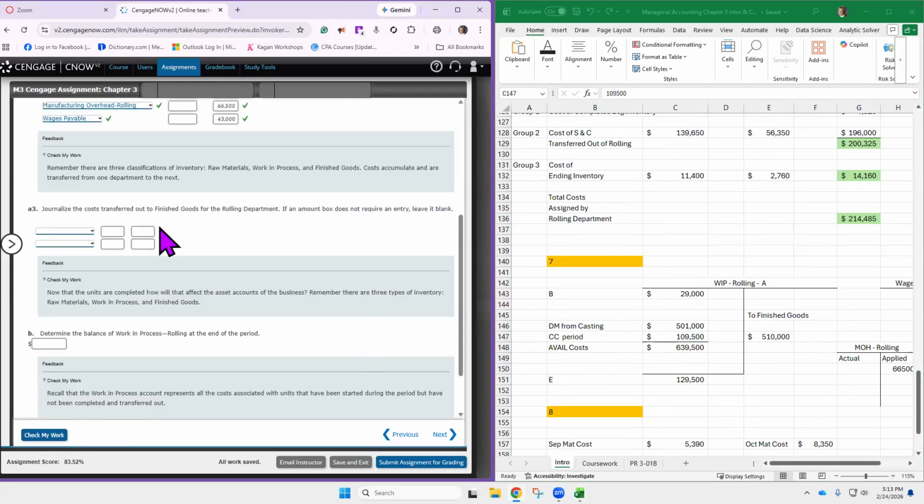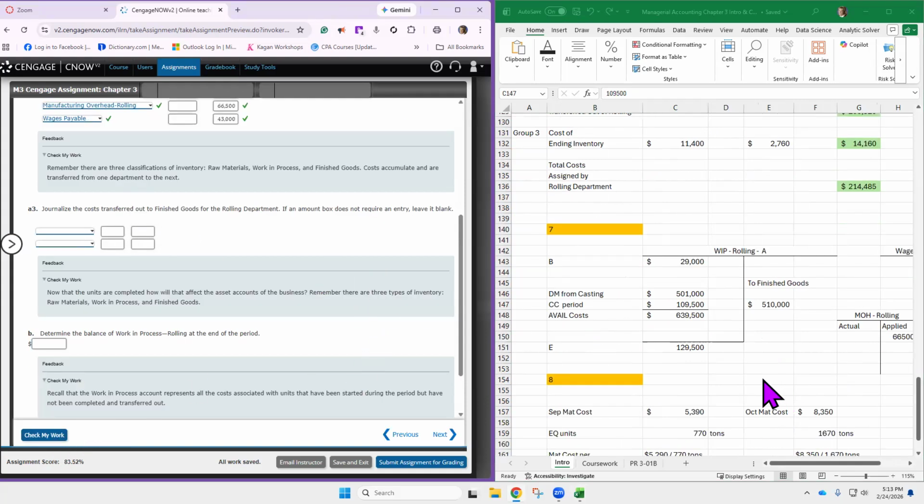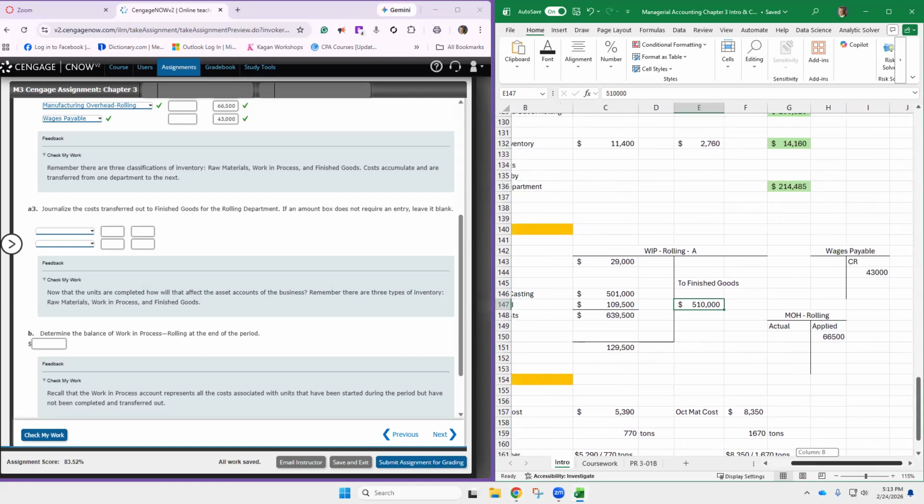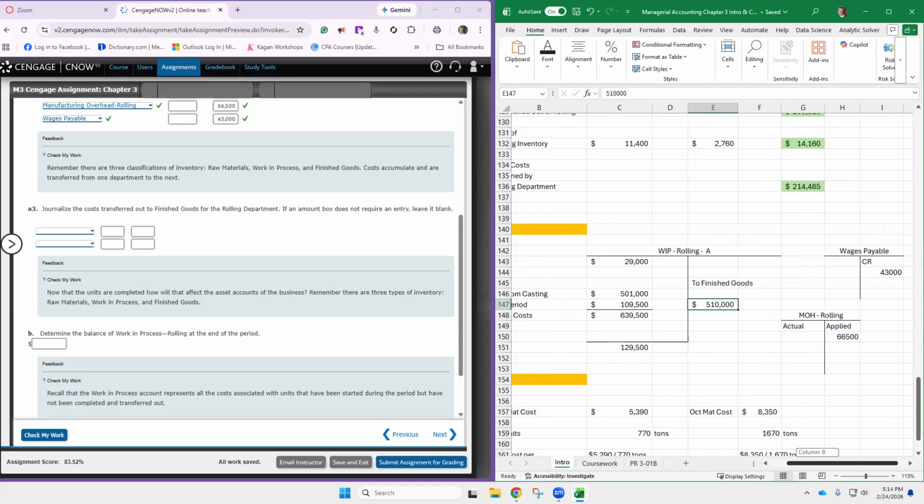All right, and now we're going to move costs out of the rolling, which is 510,000, into finished goods, which I guess I didn't draw finished goods, but that's okay. So let's go ahead and move it into finished goods. Finished goods is here, I'll just draw it real quick. Doesn't take but a second. It's good to see it.